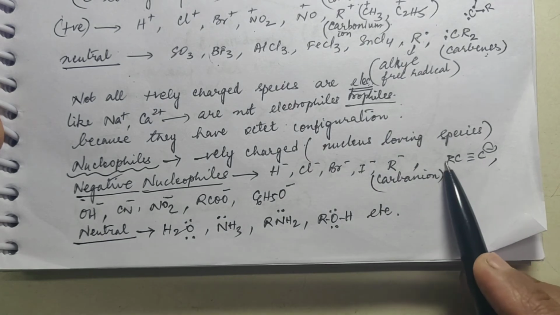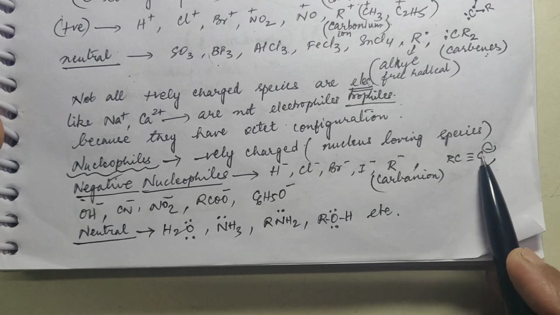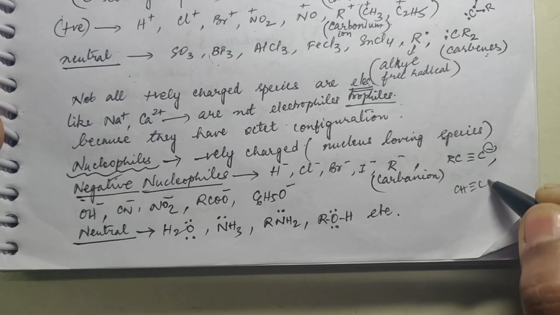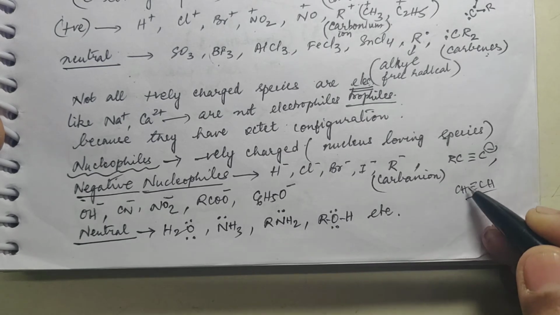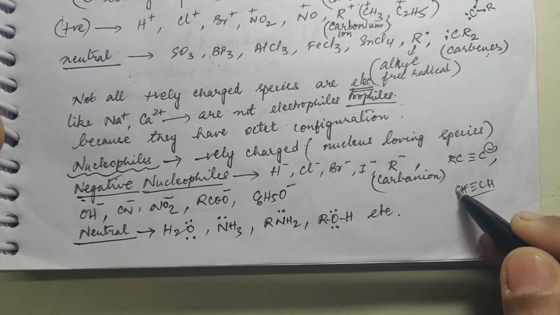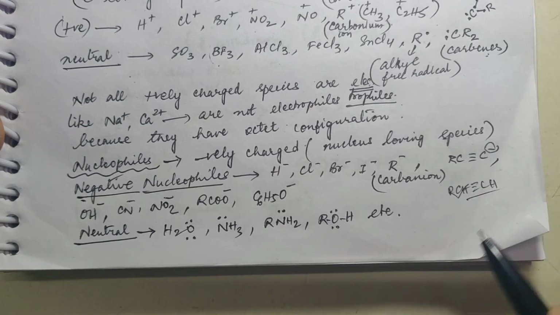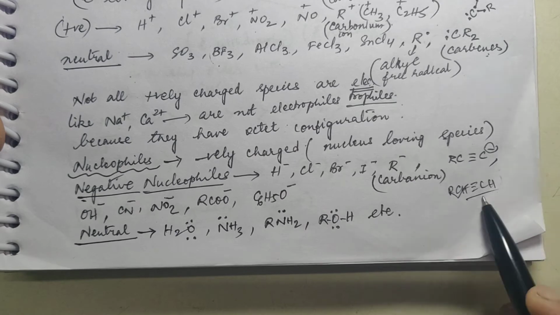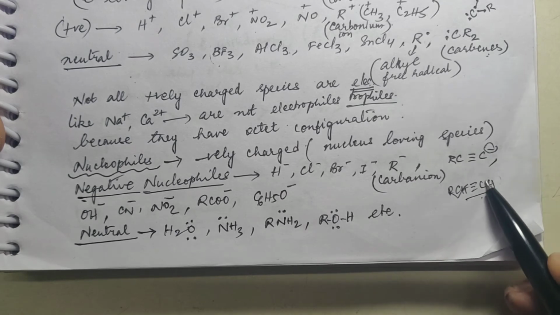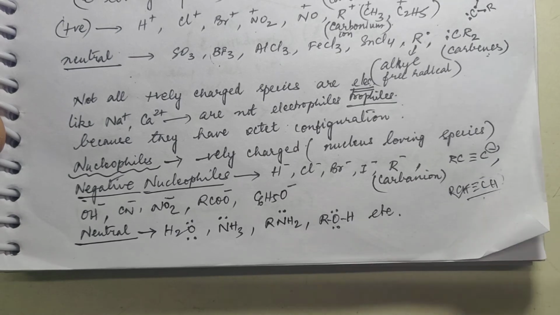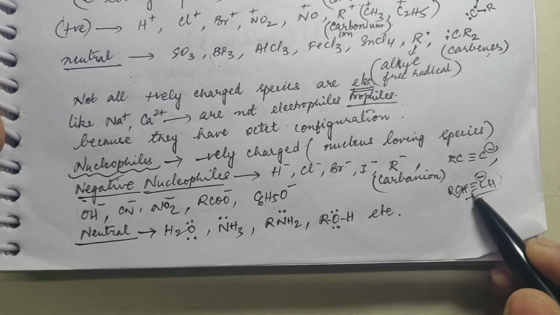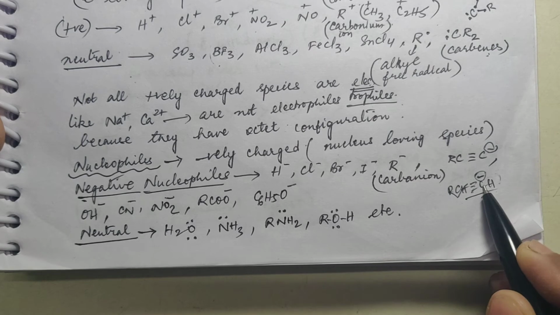Okay, and then R-C triple bond C negative. You know very well that CH triple bond CH is ethyne, is it not? Now here hydrogen is replaced by R group. So this is an alkynide ion. So C minus, hydrogen has gone, so here a negative charge has come. Now here, why is negative charge coming on C? Because this is a triple bonded carbon.